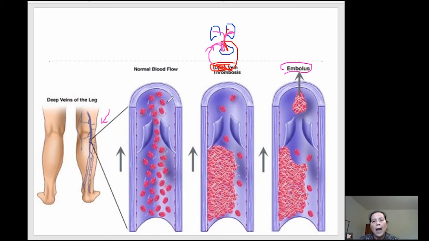In the lung area, the blood vessels change to pretty small ones. We call them capillaries, the capillaries in the lung area. In that area, the embolus will be stopped because the area is pretty narrow.